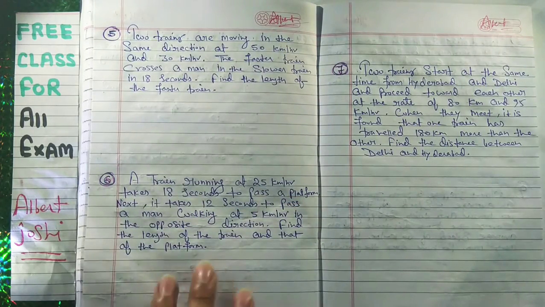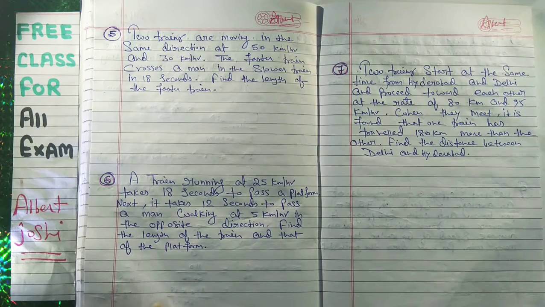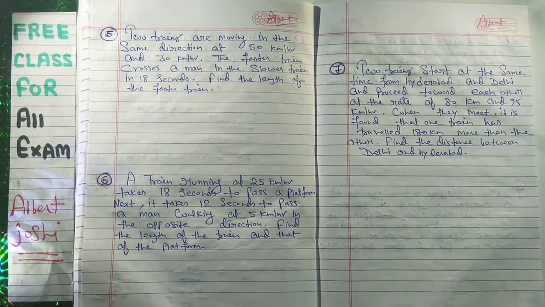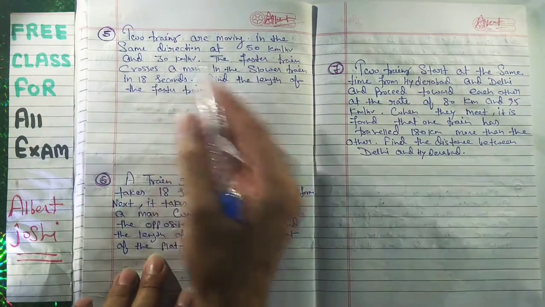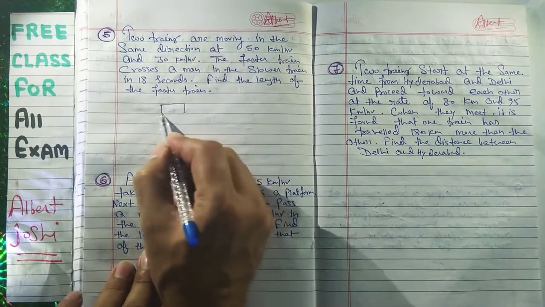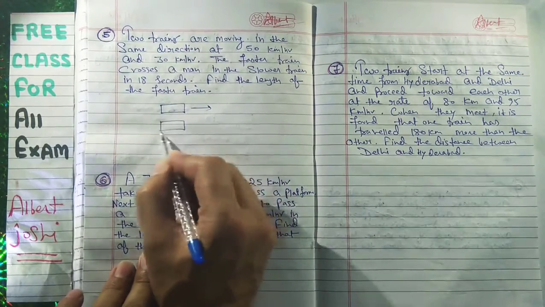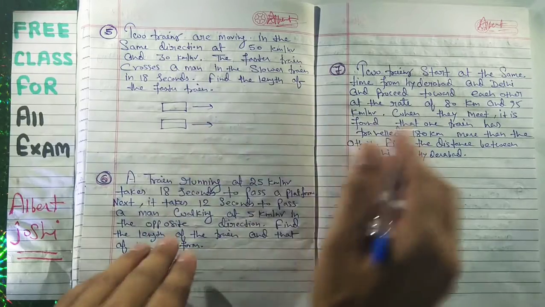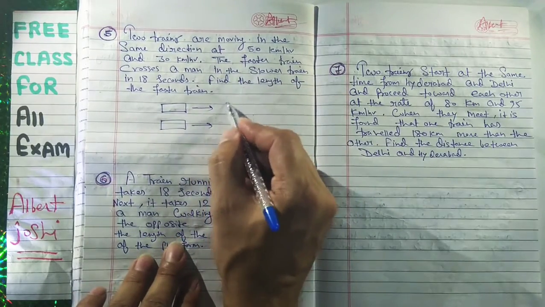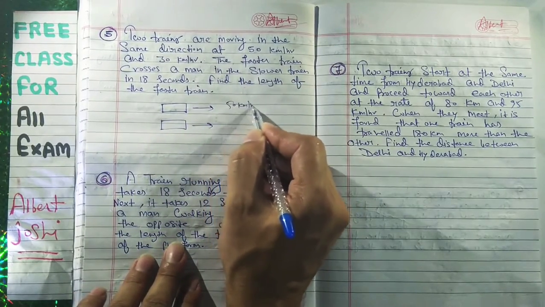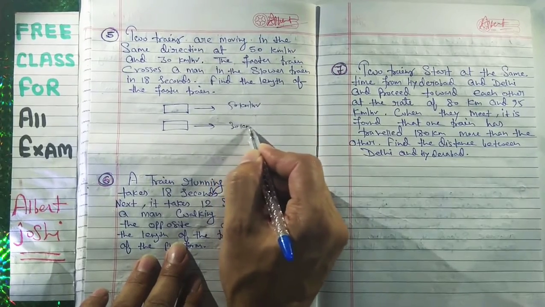So now the next question. What have they given us? Two trains are moving in the same direction. You have one train and this is another train. They are moving in the same direction, at 50 km per hour and 30 km per hour.